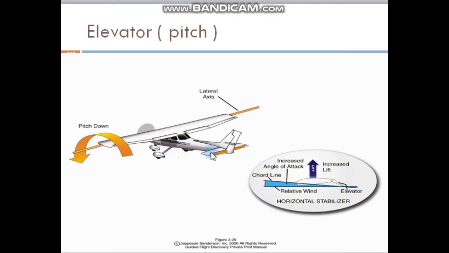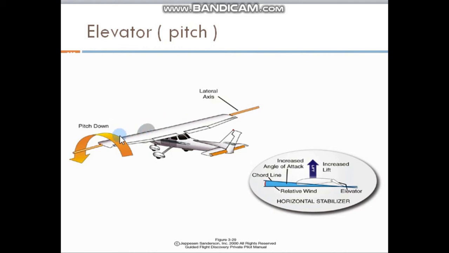When the elevator goes down, the angle of attack will decrease, and the tail of the aircraft will rise. When the tail rises, of course the nose will go down, and this is called pitch down. This movement is around the lateral axis.